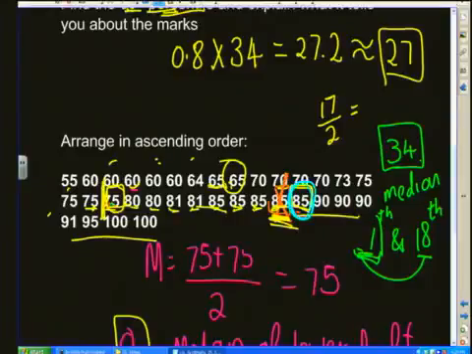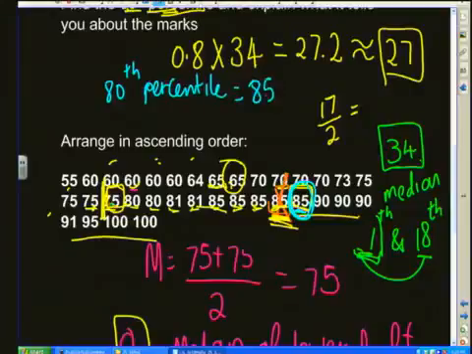Okay, what does this tell us? Because remember, this is the 80th percentile. So the 80th percentile is equal to 85%. What that tells you is that 80% of your marks were lower than 85%.